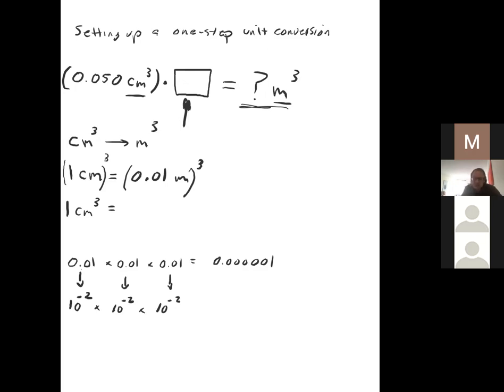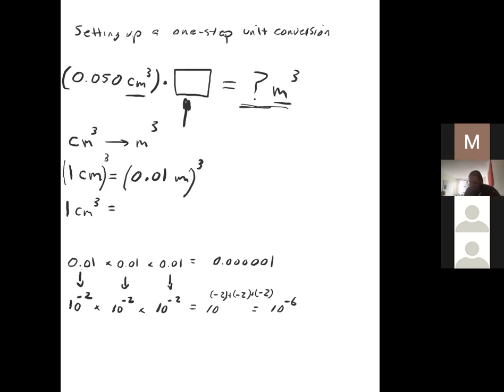So -2 plus -2 plus -2. I'll put the -2's in parentheses just so that it's not too confusing. When you add the negative numbers, you just add them up and keep the negative. So that's 10 to the minus 6.